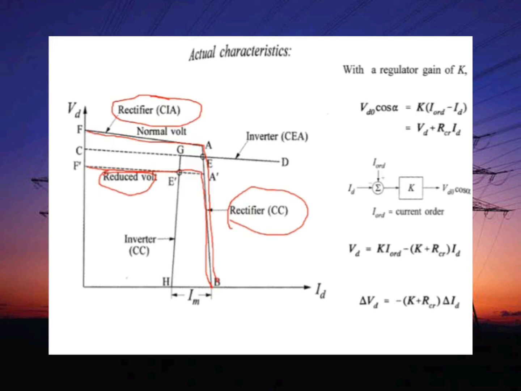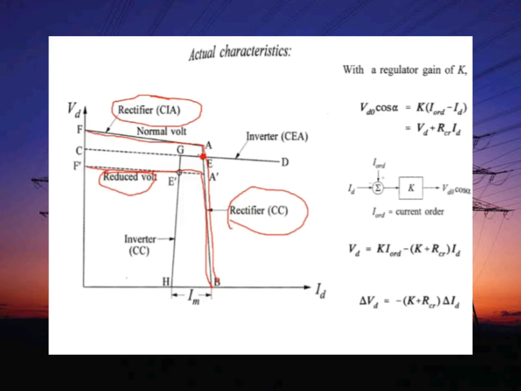Now the CEA characteristic, that means the constant extinction angle characteristic of the inverter, intersects the rectifier characteristic at E when your system is at normal voltage.